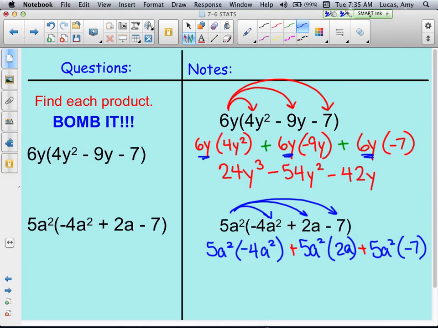That's what it would look like if you write out your distributing step. Okay? Now multiplying those, I would get negative 20a to the 4th, and then plus 10a to the 3rd minus 35a squared. Just like that.